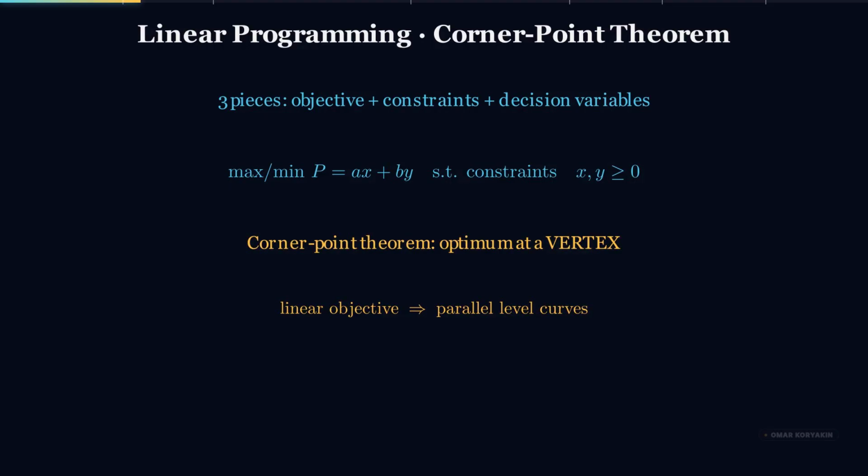The optimum of a linear objective over a polygonal feasible region always occurs at one of the corner points or vertices of the region. Geometrically, the theorem follows from the fact that linear objectives produce parallel level curves, and the level curves can be pushed in the optimization direction until they last touch the feasible region at a corner. The corner where the last touch happens is the optimum.